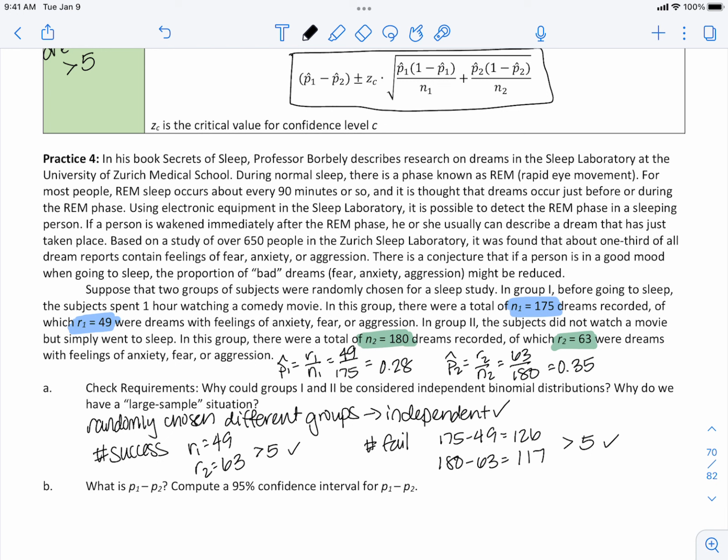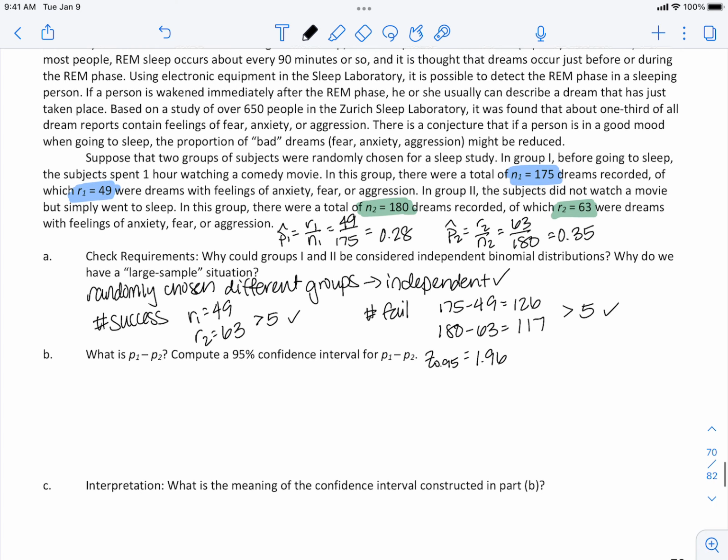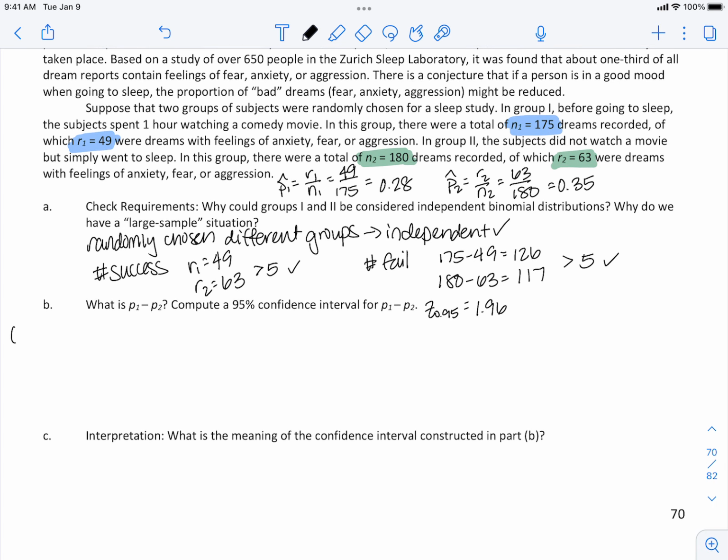What is P1 minus P2? Compute a 95% confidence interval for P1 minus P2. All right, so again, we want 95%, so our Z of 0.95 is going to give us 1.96. And if we are doing our confidence interval, we'll write this one out. So we have P1 hat minus P2 hat plus or minus our Z critical value times the square root of P1 hat times 1 minus P1 hat all over N1 plus P2 hat times 1 minus P2 hat all over N2.